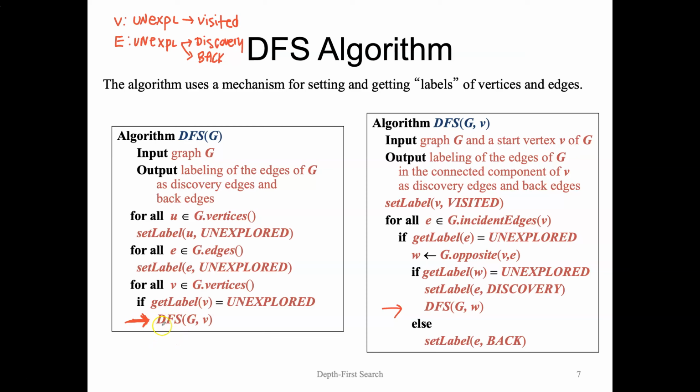We'll end up making, as a result of this call, a spanning tree for the entire connected component that V belongs to. And we can create that spanning tree if we take only the discovery edges and we don't include the back edges. So notice that we mark an edge as a discovery edge if it leads to a vertex we haven't encountered, so this is that path which leads to that vertex. Whereas back edges are kind of extra in the sense that they're leading back to a vertex that we were already able to get to some other way.